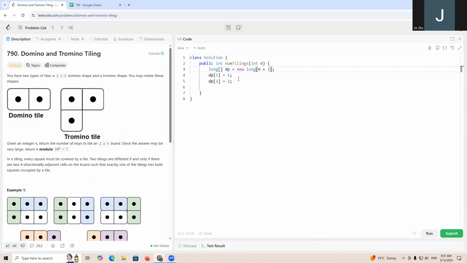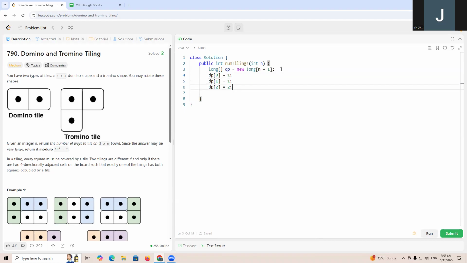And there is another state: dp[0] is also 1. Why is dp[0] also 1? That means we can consider there is no domino, and we also have one state.